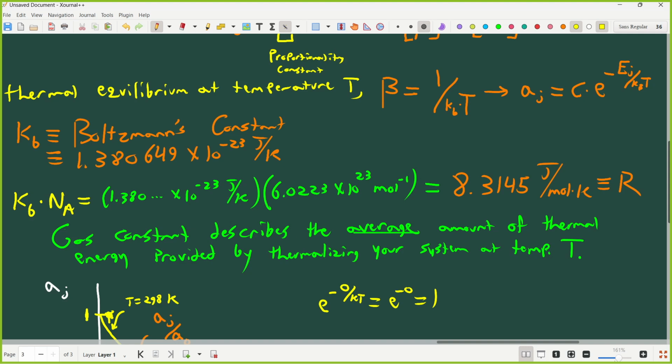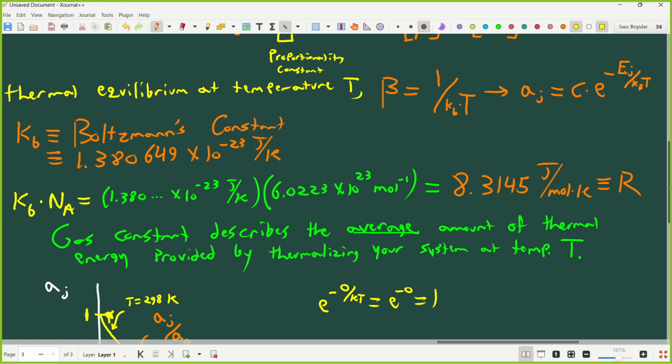So as a function of E, this number is smaller than it is for lower T. If this is 200, you have some ratio, but if you make it 500, that ratio gets roughly 2.5 times smaller. So for an equivalent energy at a higher temperature, this exponent will be smaller. E to a smaller negative number is going to be larger than e to a bigger negative number. So as T increases, this function decays more slowly.